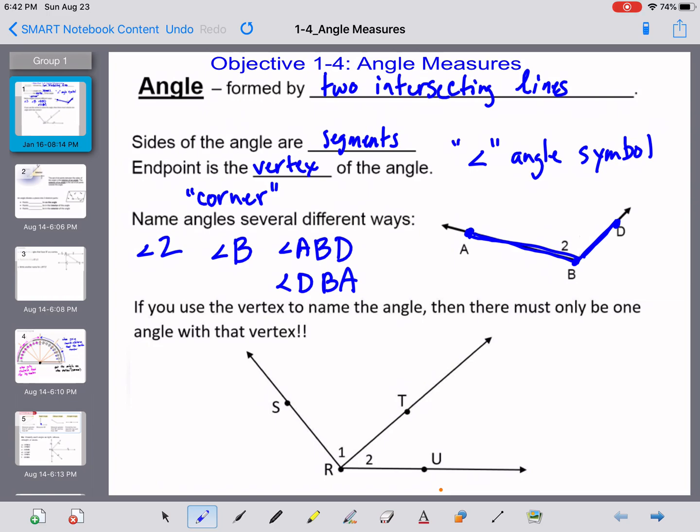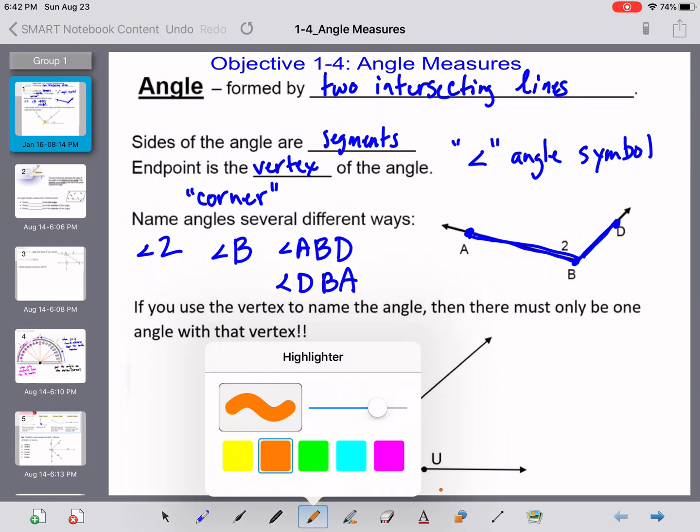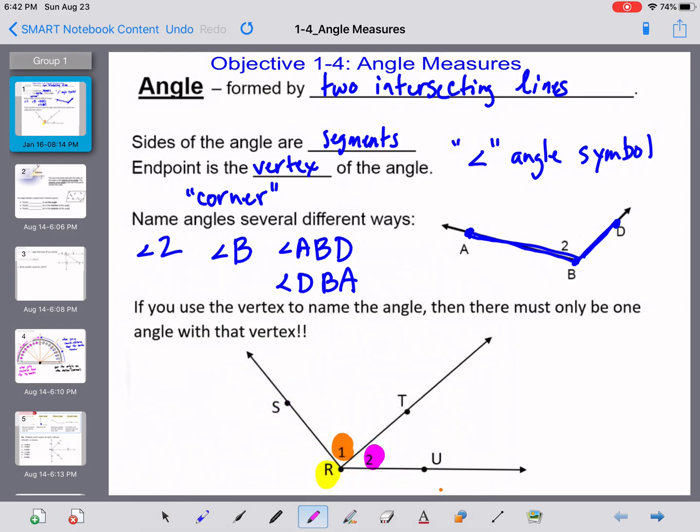Now, whenever we use the vertex to name the angle, there can only be one angle with that vertex. For example, on this bottom picture, we couldn't just simply say angle R because we could be talking about this angle 1, or we might be talking about that angle 2.